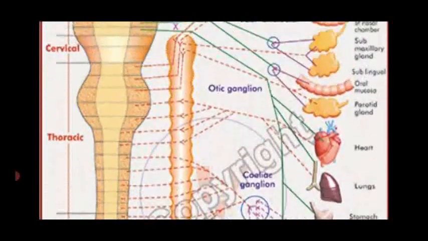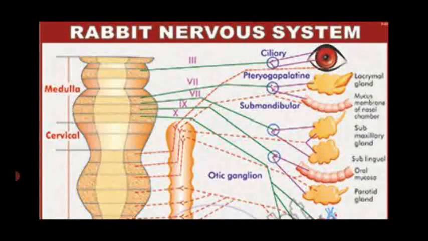So every different organ is connected by numerous nerves which constitute the nervous system of rabbit.